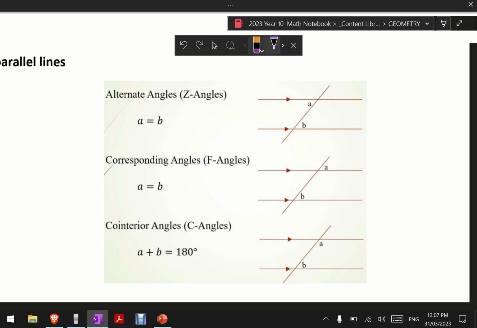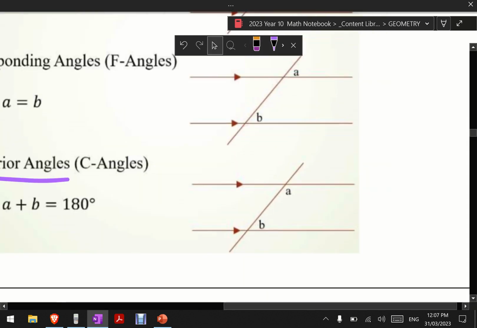The third one is co-interior. When you look at co-interior, you're looking at the inside of those parallel lines and the line that cuts them. Those angles always equal 180. The reason being, if you think about it, can anyone see this B angle?